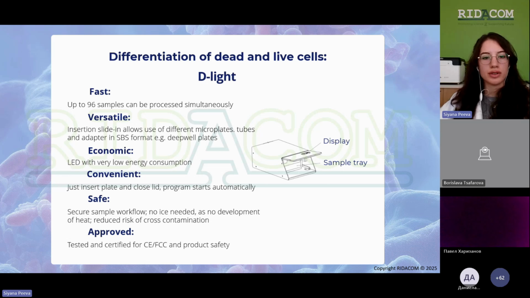It's economic, with very low energy consumption. It is very convenient because the program starts automatically when you place the adapters and the tubes or the plates in it. It's very safe to work with, and it's approved, tested, and certified for CE, FCC, and product safety.